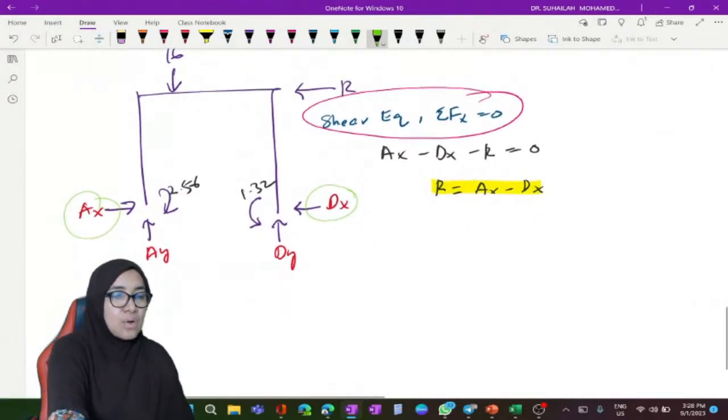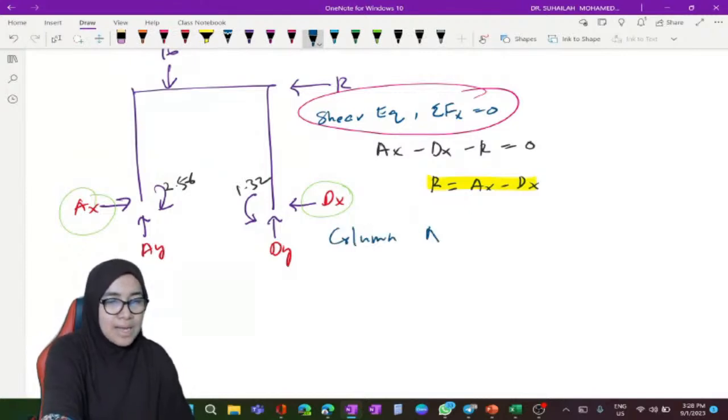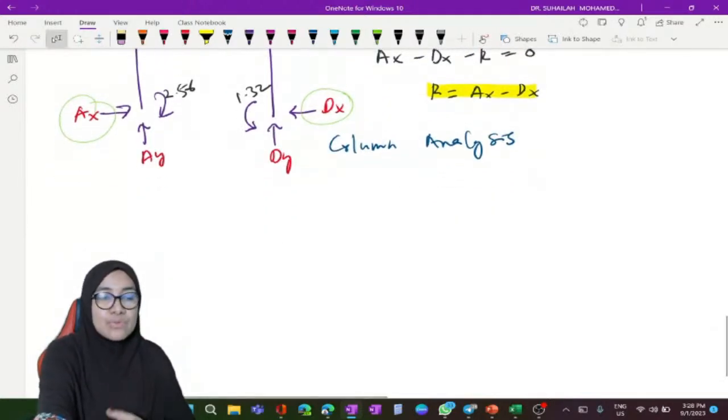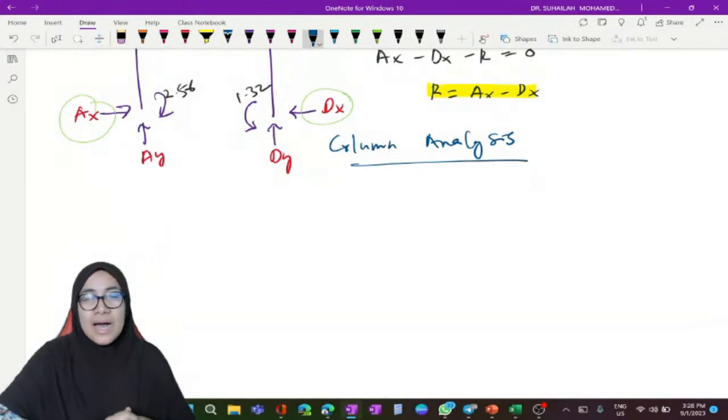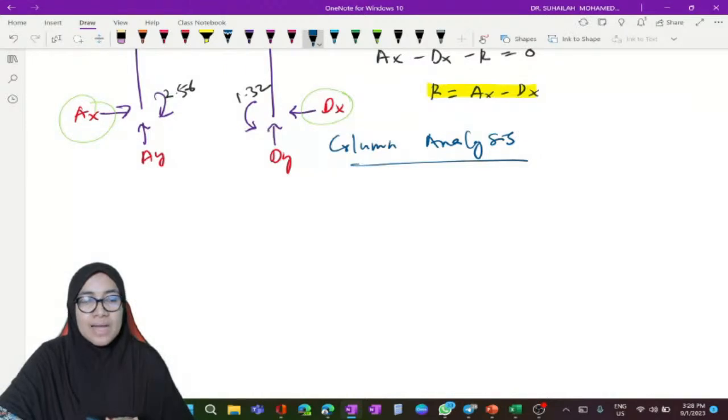This is column analysis. We move to column analysis. Column analysis means that we have to analyze the columns one by one.